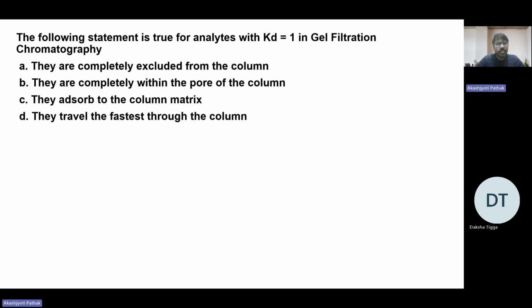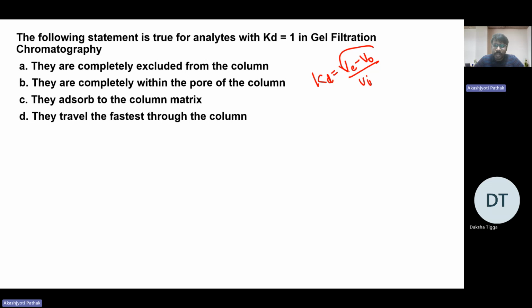Now answer this question. The following statement is true. Any doubt till here? Is everyone able to follow? The following statement is true for analytes with KD equal to 1 in gel filtration chromatography. So KD is again VE minus VO by VI, isn't it? So when will you have KD equal to 1?